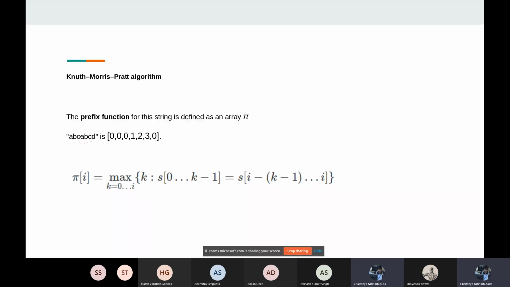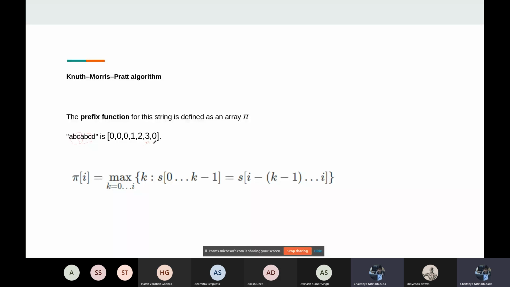Can anyone write in the chat box if it's clear or not?